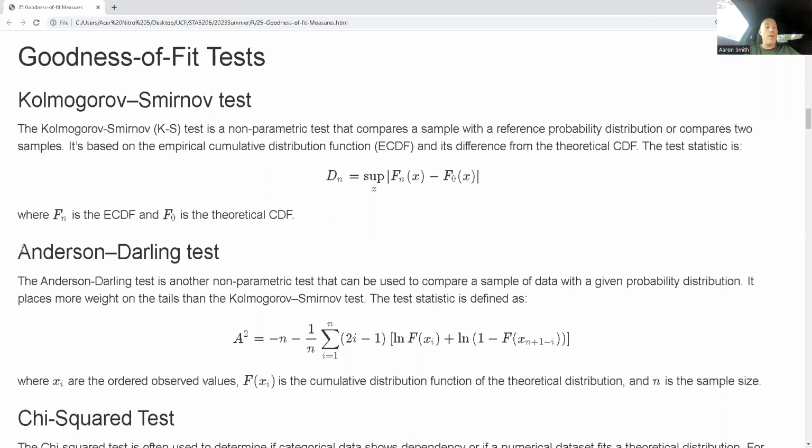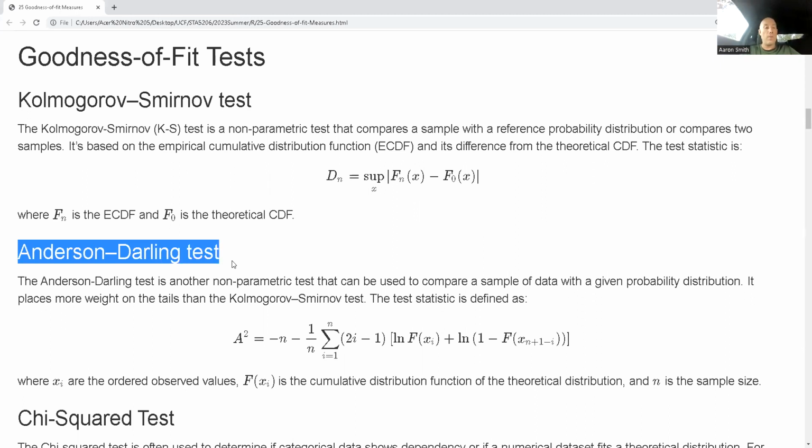Now, the Anderson-Darling test is a non-parametric test that can be used to compare a sample of data with a given probability distribution. It places more weight on the tails than a Kolmogorov-Smirnov test. And here is the test statistic.